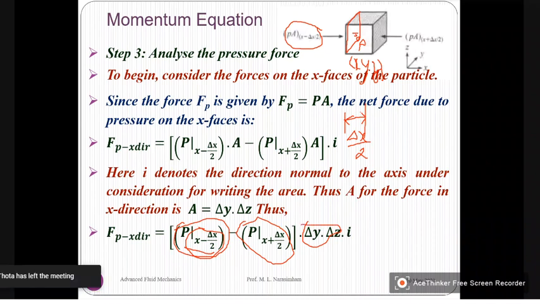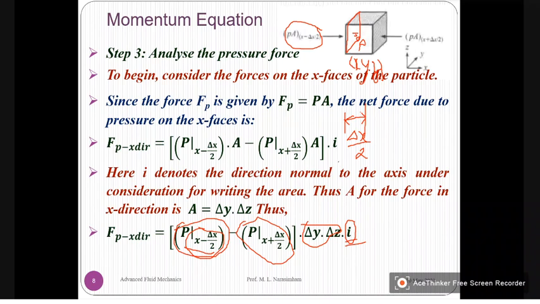The area of the plane in x direction is delta y delta z. Now this i is the unit vector indicating that when we are considering x direction, this will give me the force in x direction.